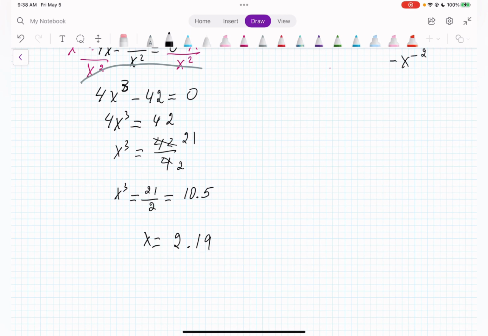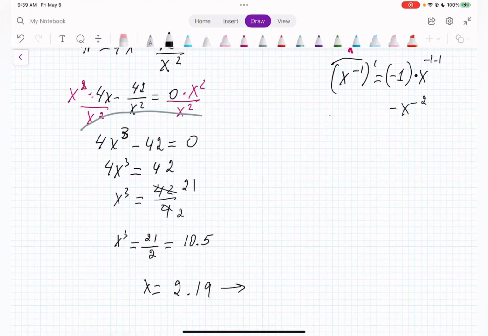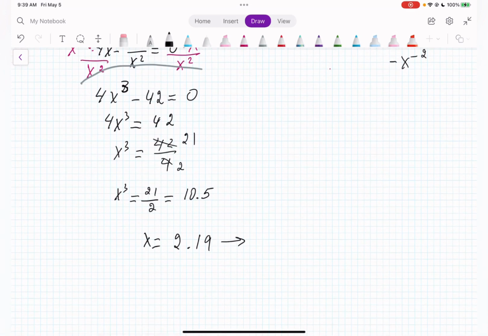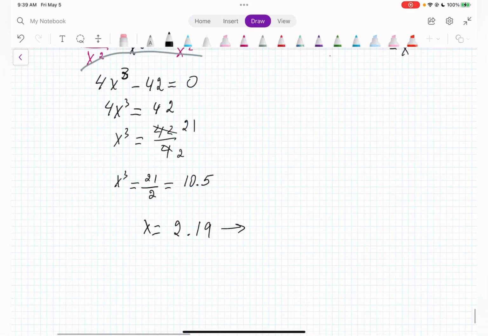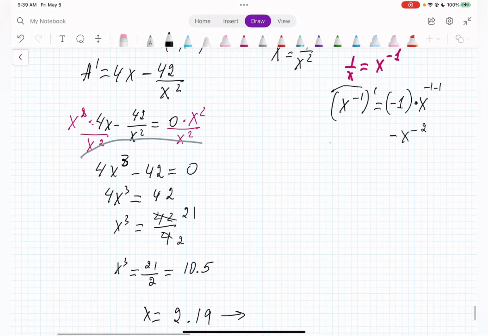So this critical point, 2.19, is a minimum because the second derivative is going to be positive, right? So what do we have? 4x cubed minus 42, you take the derivative, it's going to become a positive number. I'm not going to go over the second derivative again.